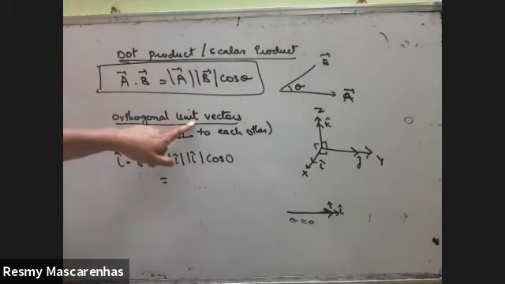Can anyone tell me what is the angle between i and j in the diagram? I and j, what is the angle? 90 degrees. Yes, so we have to take 90 degrees. This value is 1, this value is 1, but this value is 0. So overall, i dot j will be 0.